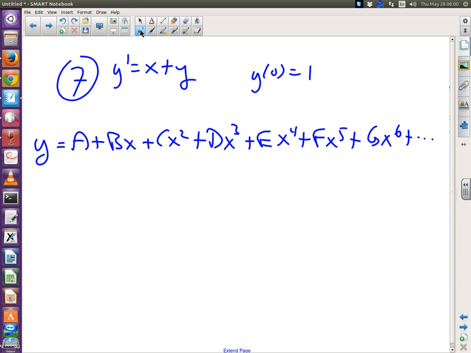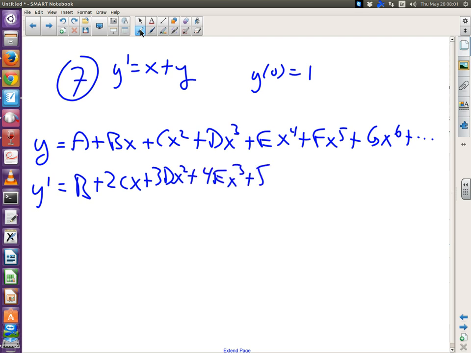All right, so y prime is again b plus 2cx plus 3d x squared plus 4e x cubed plus 5f x to the 4th plus 6g x to the 5th plus forever.